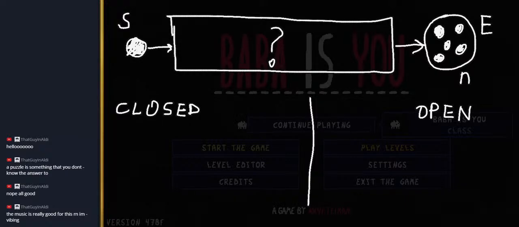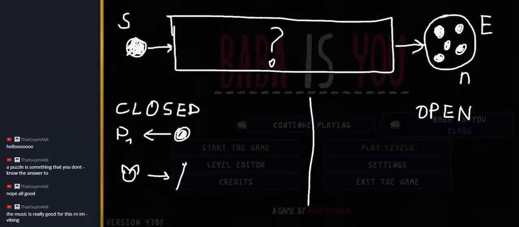A closed end state is defined by a set of properties that influence prior steps. For example, let's say that you need to get to a flag. This is the puzzle.